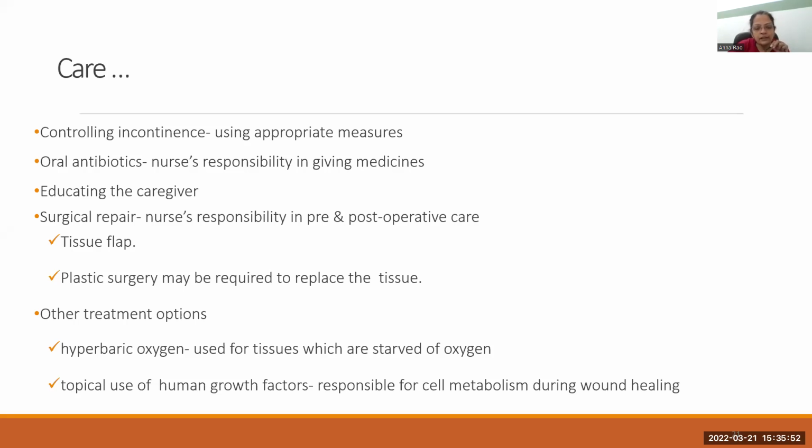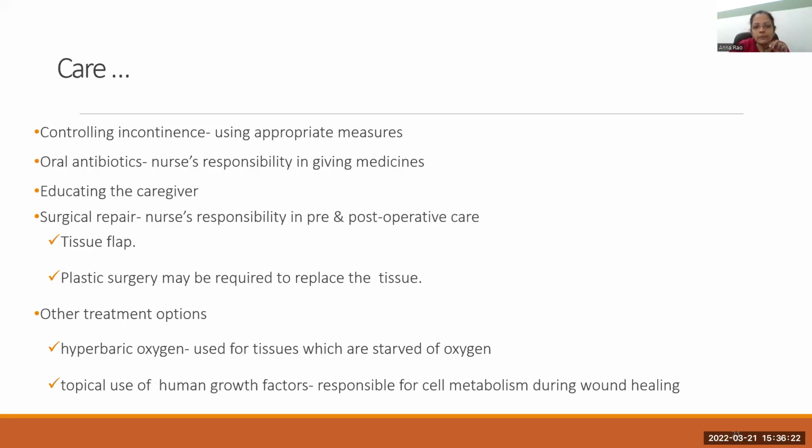So it is used for tissues which are starved of oxygen. Here high pressure oxygen is provided with specialized equipment, and we can help the patients who are having deep-seated bed sores. Other methods like topical use of human growth factors are also good, and they help in the cell metabolism during wound healing.